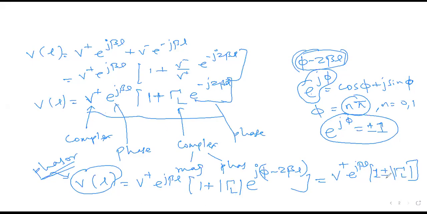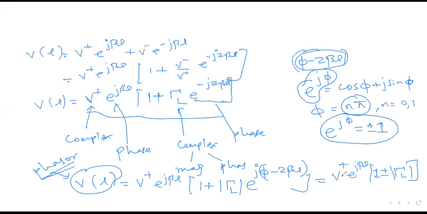This plus and minus will govern whether the voltage is maximum or minimum. Because what we need is the voltage maximum and voltage minimum at any point. It will be maximum at a certain point, and minimum at a certain point. So Vmax, what can I say?